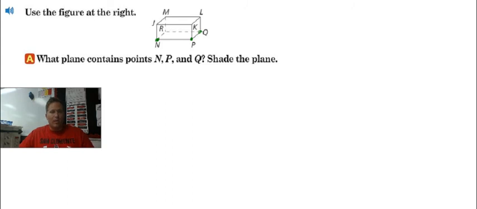And what plane do they have? These three make this bottom plane, shaded in just like that. Anytime we name a plane, we just need to name three non-collinear points that are on it.